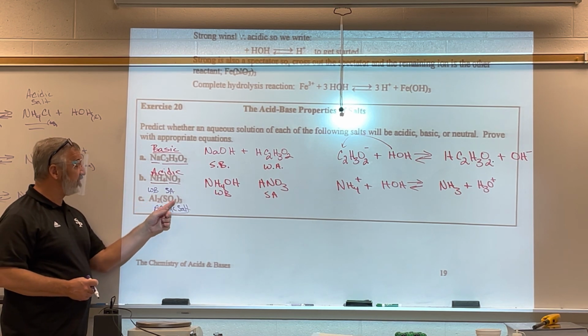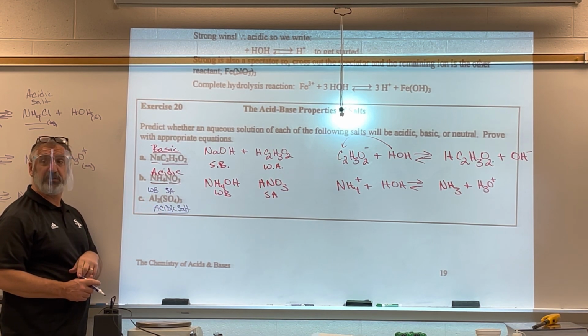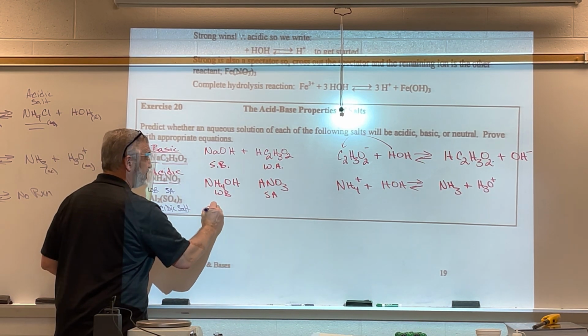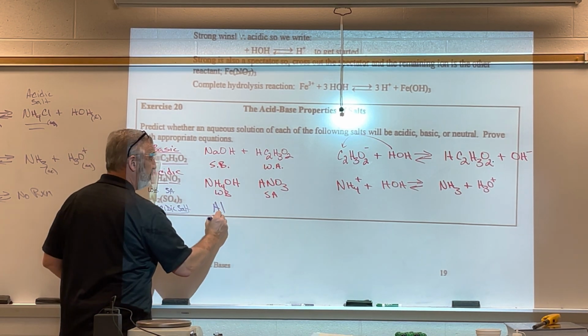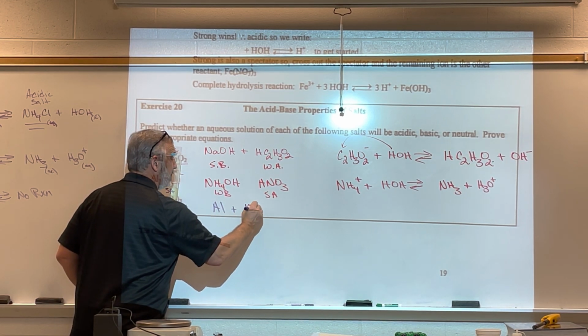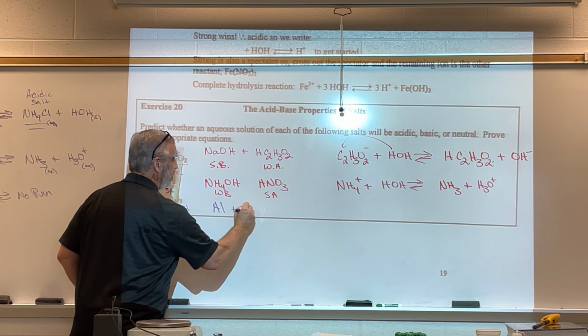Now, which part is going to actually react with the water? The Al. The Al2 is there, but we can just say Al. It's not a diatomic. Aluminum is going to react with water. With water, I always write it HOH.